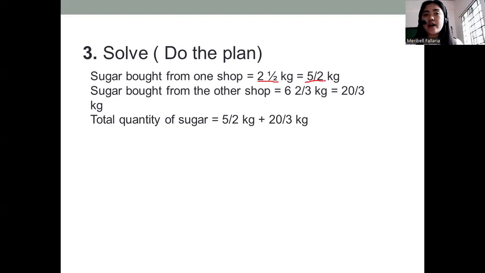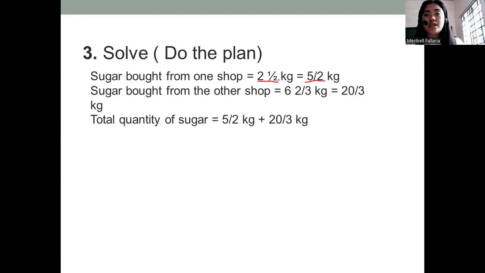So how did it become 5 halves? We multiply the denominator to the whole number and then add the numerator. For example, here we have 2 times 2 is 4, plus 1 is 5. That's why we have 5 halves here, or 5 over 2. We just copy the denominator.